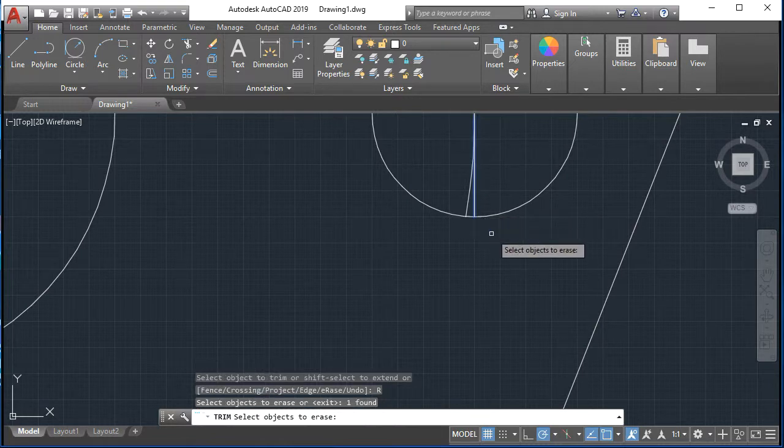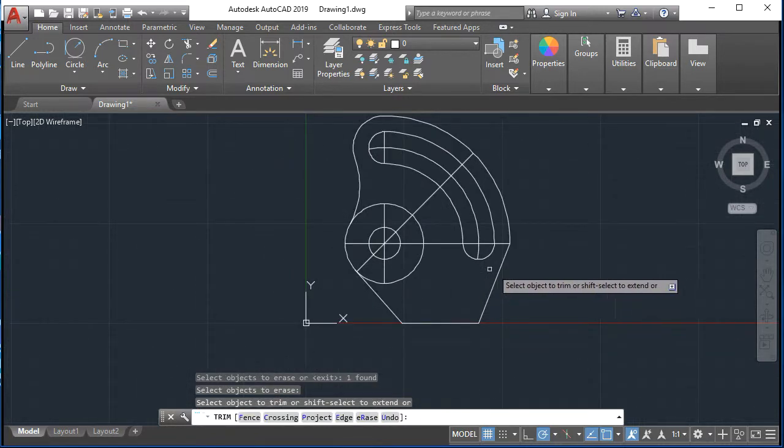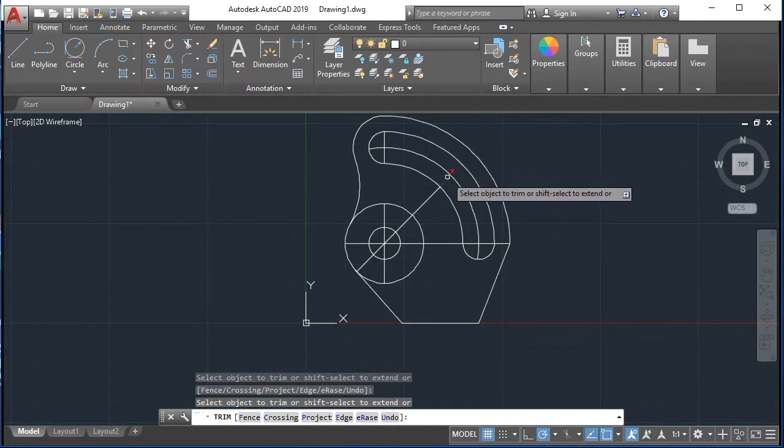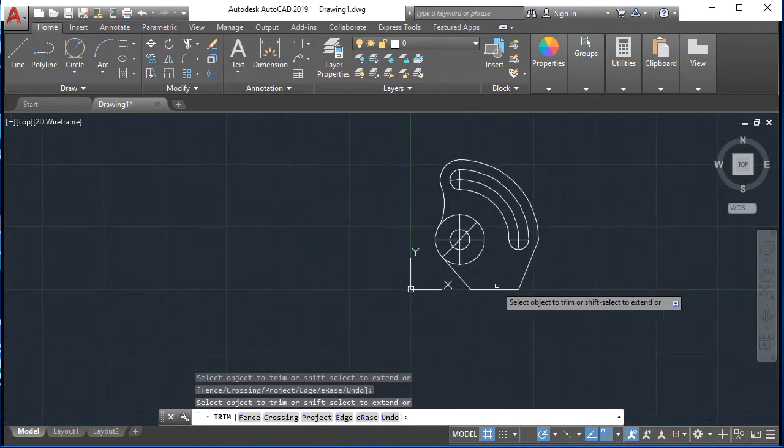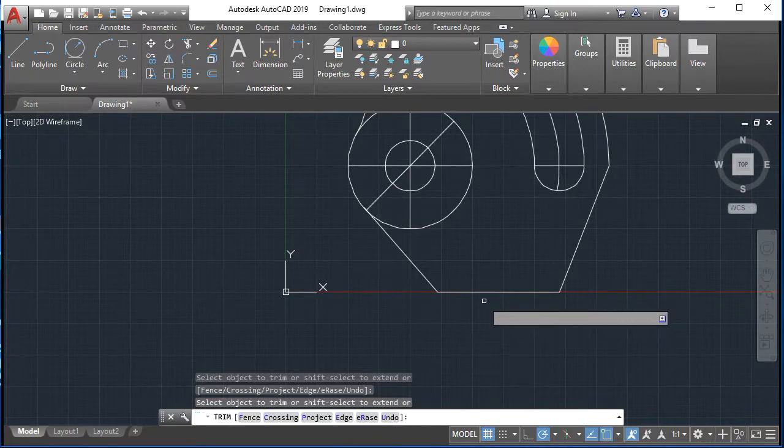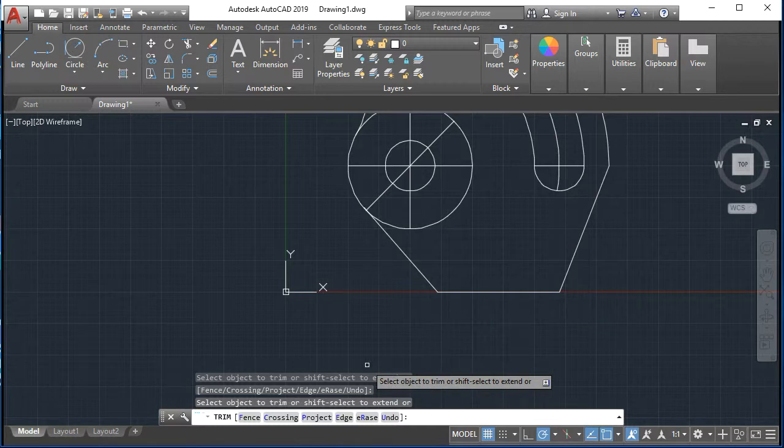Erase, select, enter. This line we now need. So I am removing this excess. Now we do not need this line also. So erase, select, enter.